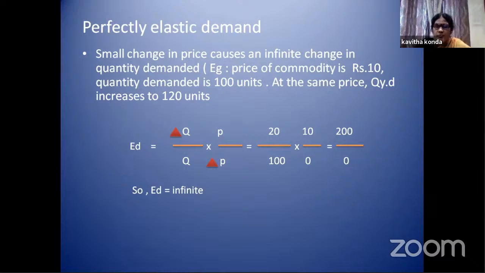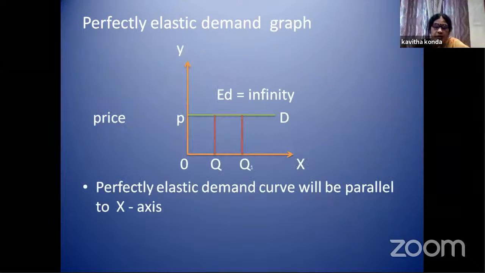So it is 20 by 100 into 10 by 0, which equals 200 by 0, which shows infinity.